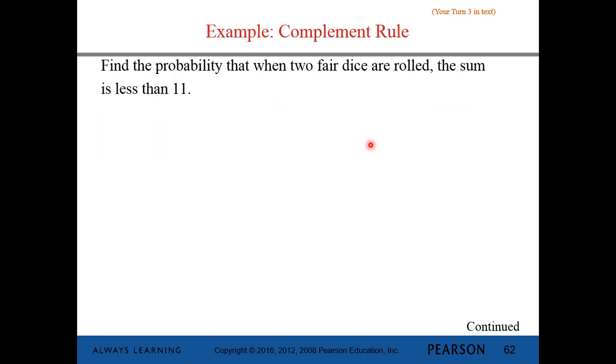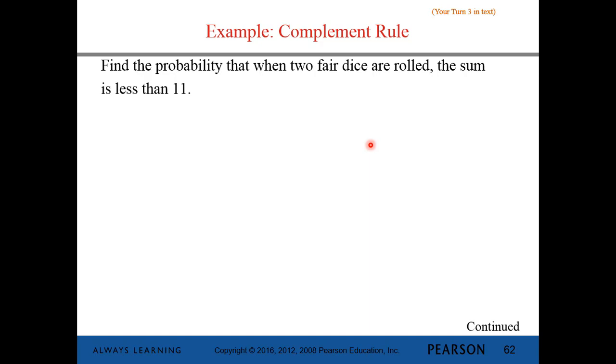So it says find the probability that when 2 paired dice are rolled, the sum is less than 11. Well, I can add up all of the probabilities that the sum is less than 11. Or what I can do is ask, how many outcomes are equal to or greater than 11?